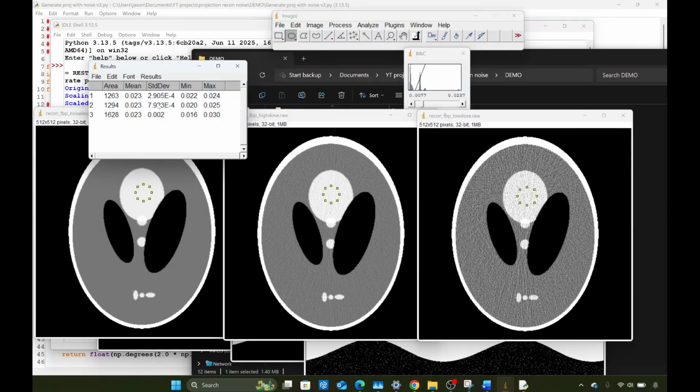So, what did we learn? Noise in CT originates in photon counting. Lower dose means fewer photons. Fewer photons mean higher statistical variance or higher standard deviation. And filter backprojection determines how that noise propagates through the reconstructed image.